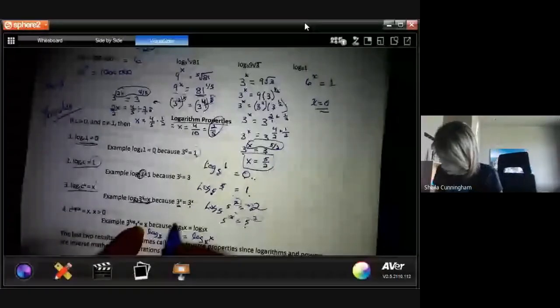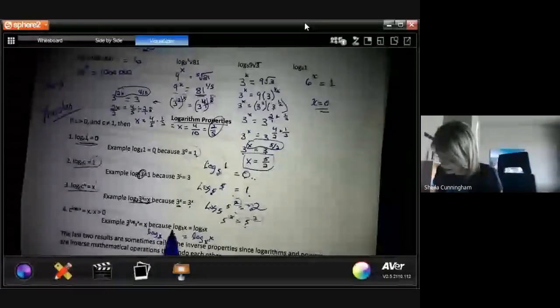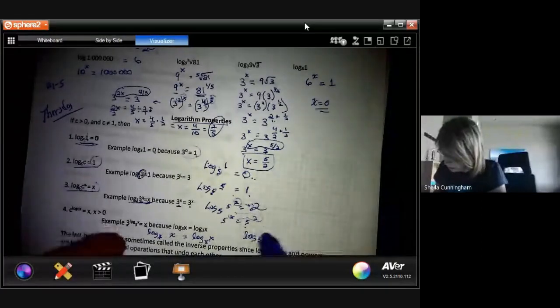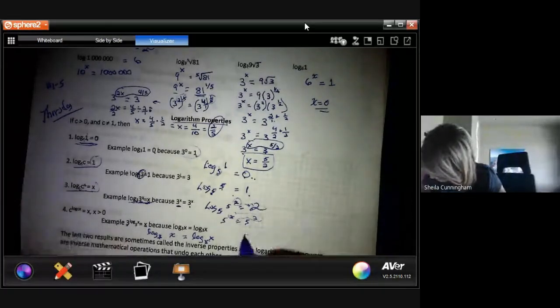So really what this shows me is that the log base 3 of 3 to the power of x is equal to x. Sorry, let's start this again.